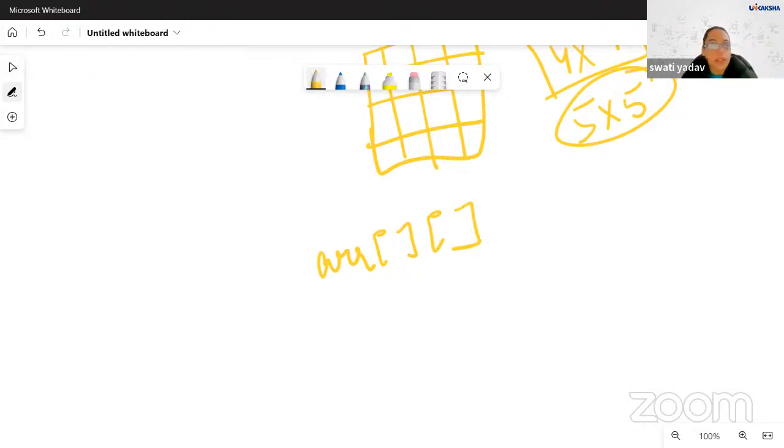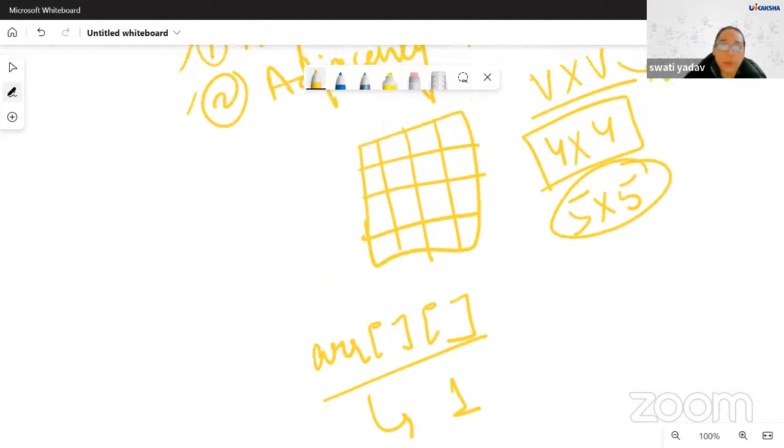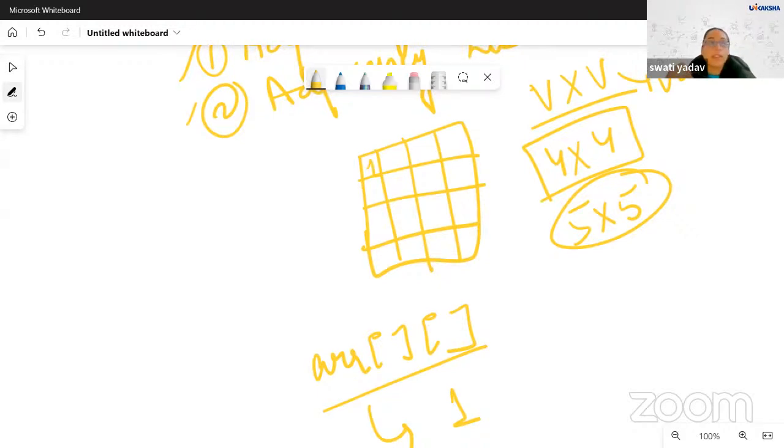It's implemented through arrays. We take a 2D array, let's say ARR, and in this array any slot where you have given 1 means there exists an edge from that vertex to another vertex.